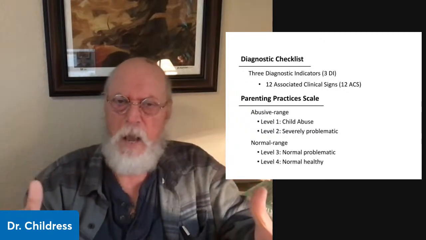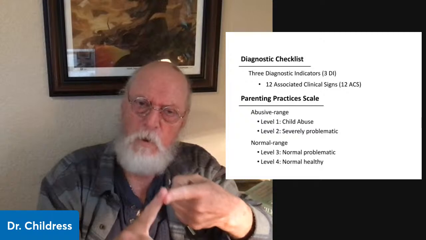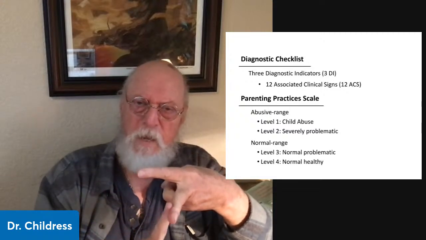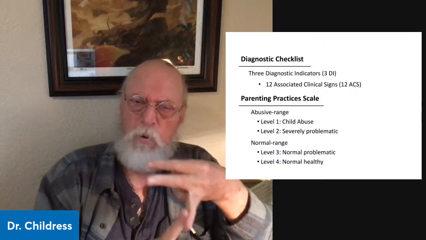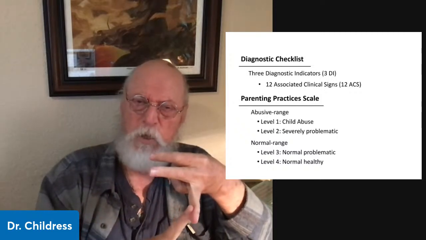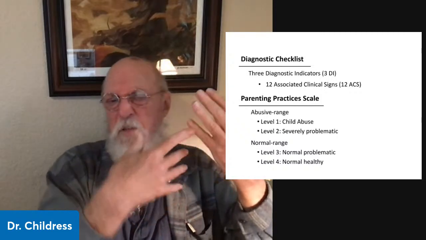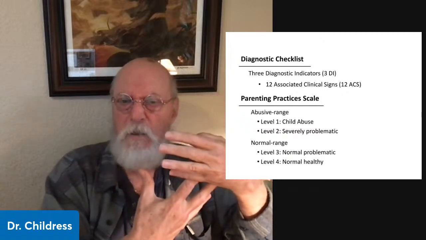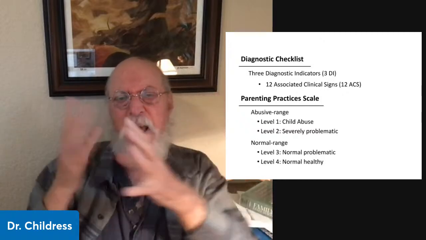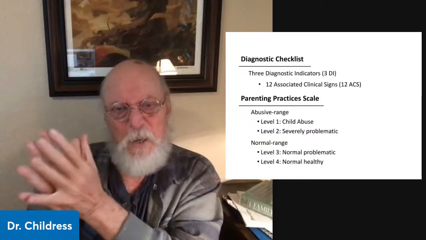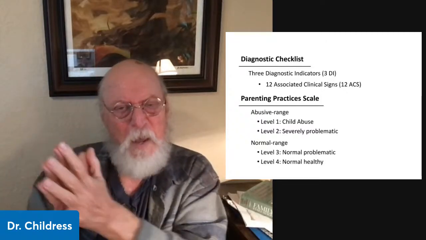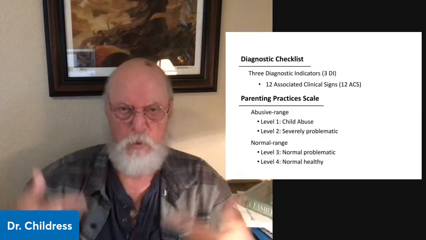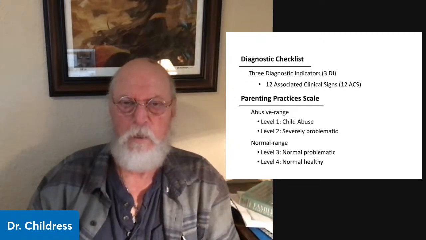So holy cow, if you've got false attachment pathology, narcissistic traits or phobic anxiety displayed by the child, a persecutory delusion displayed by the child towards a normal range parent, 7, 5, 8 of the associated clinical signs that are predicted to show up, and the targeted parent is a normal range parent, level 3 and 4, there is only one possible cause. That's the allied parent, shared persecutory delusion, factitious disorder imposed on another.